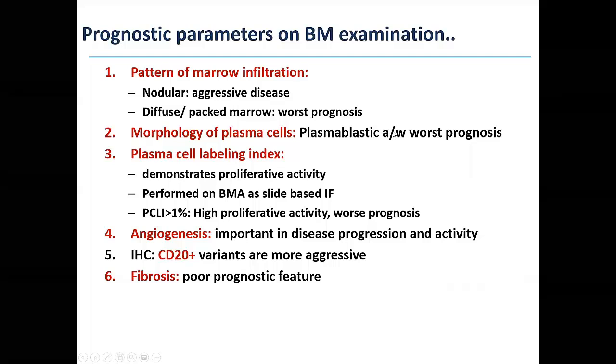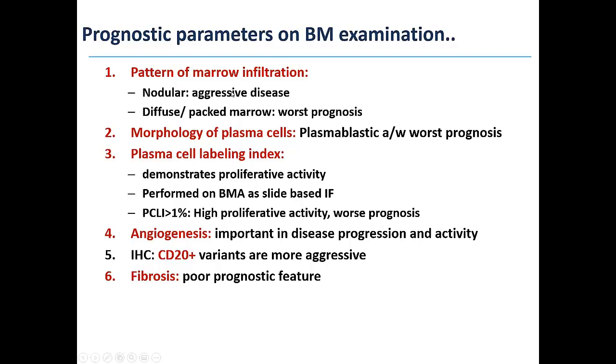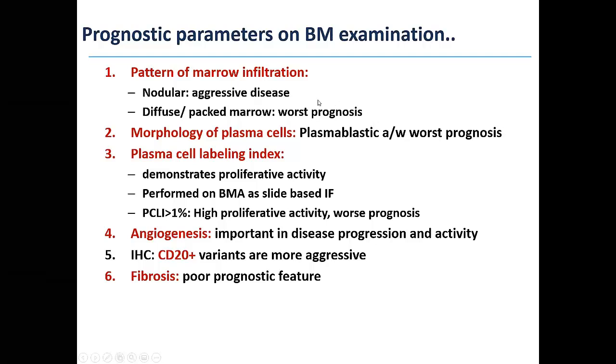So what are the prognostic parameters on bone marrow examination? Pattern of marrow infiltration: if it is nodular, it is a comparatively less aggressive disease. Diffuse or packed marrow is a worse disease, with worse prognosis. Morphology: if it is plasmablastic, it is associated with a worse prognosis.